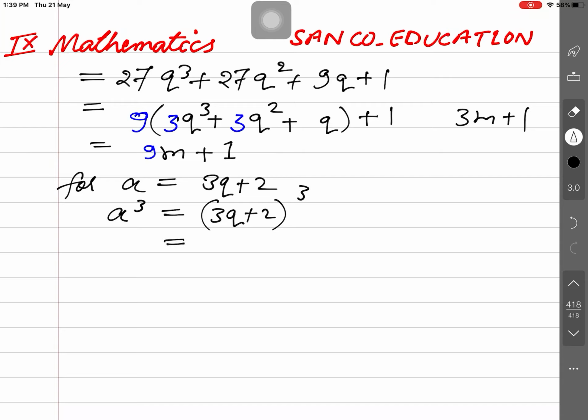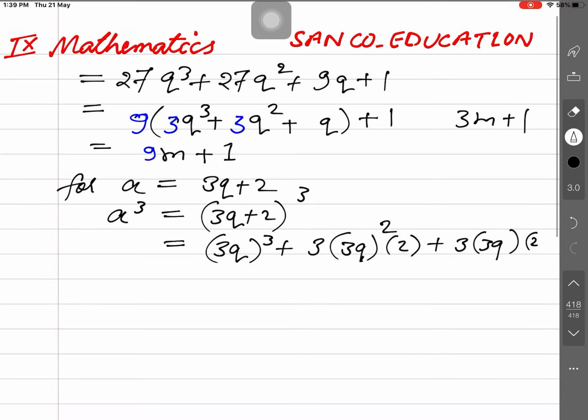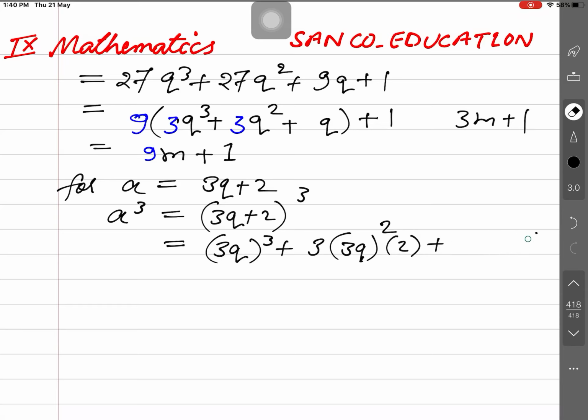Further is to be done. 3 cube, first term cube, plus 3 first term square, second term, plus 3 into first term, second term square, plus what next is second term cube.